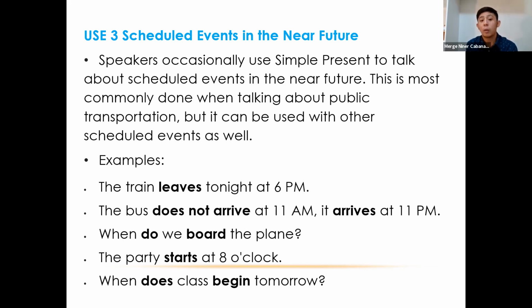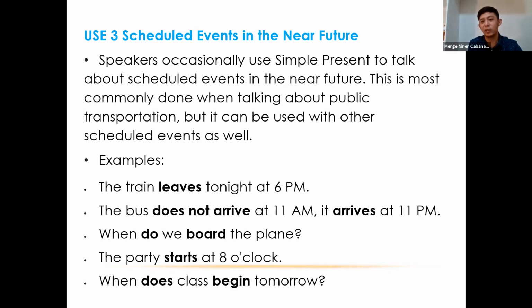This is more commonly done when talking about public transportation. Again, public transportation, most common. Okay, this is where we most commonly use the simple present tense when we are referring to a scheduled event. Okay, but it can also be used with other scheduled events.